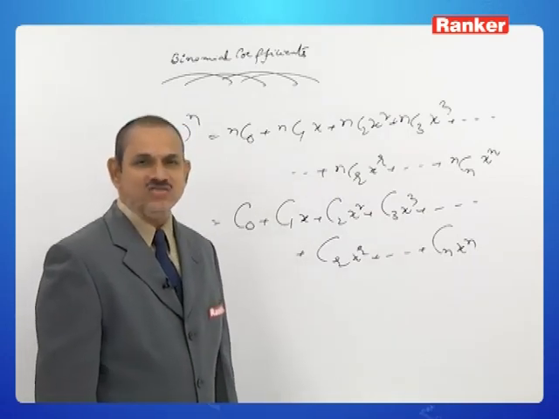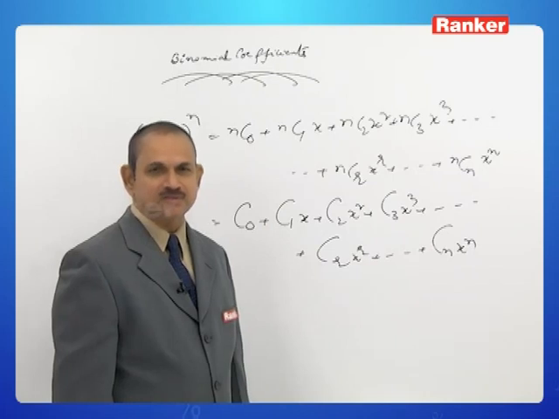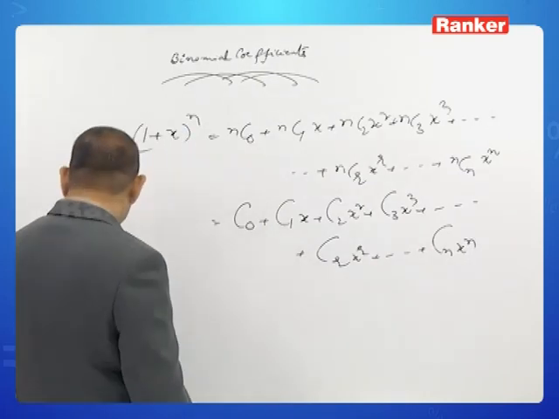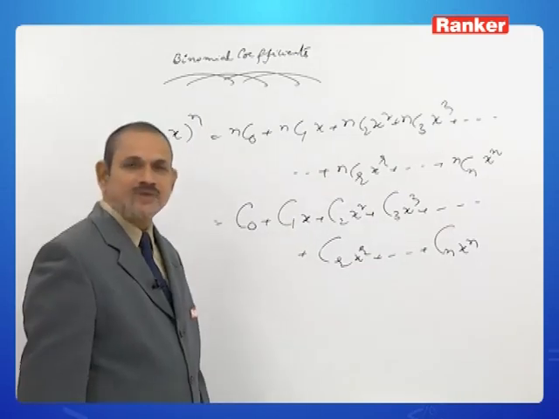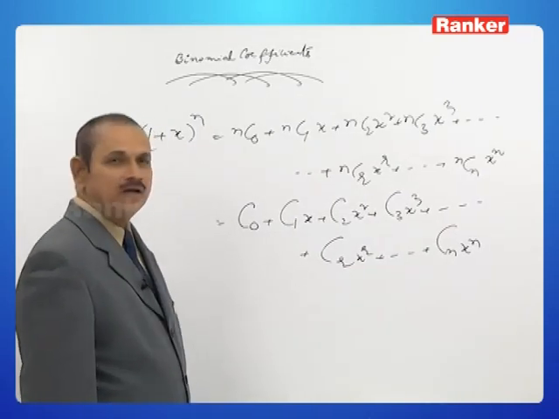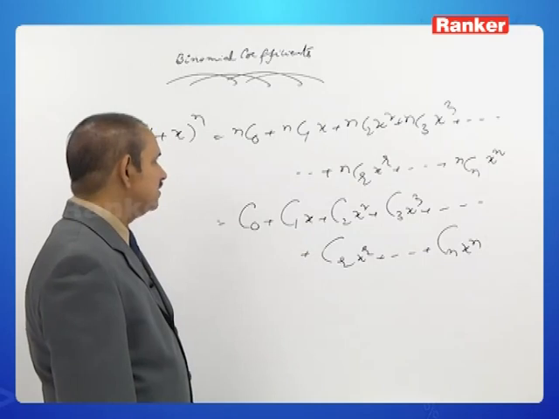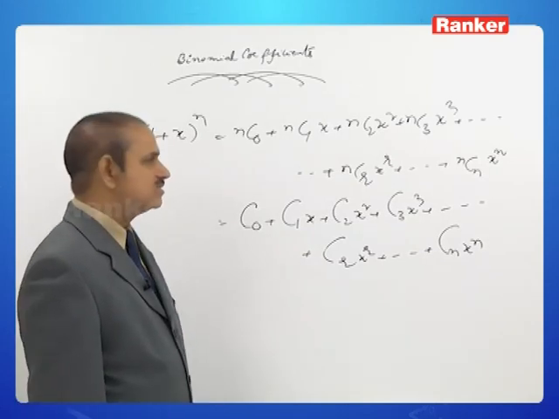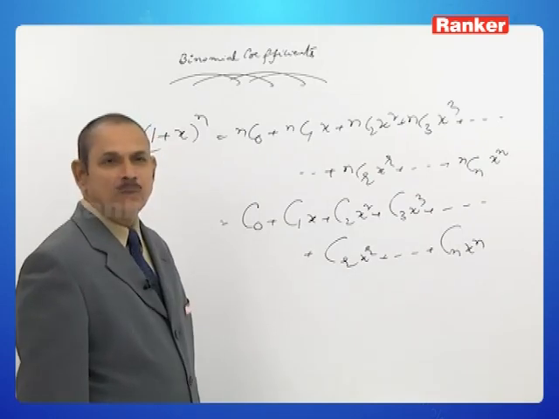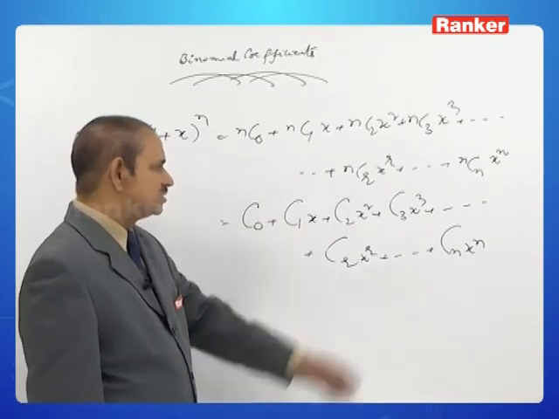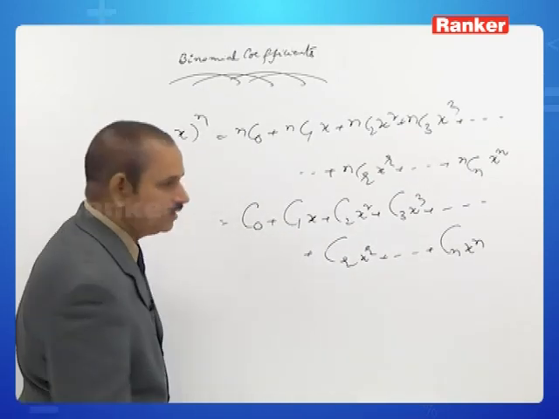One by one, let us study those properties well. So, nC0, nC1, nC2, nC3 etc., nCn are symbolized with C0, C1, C2, C3 etc., Cn.